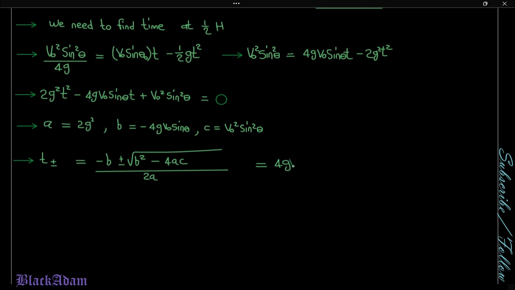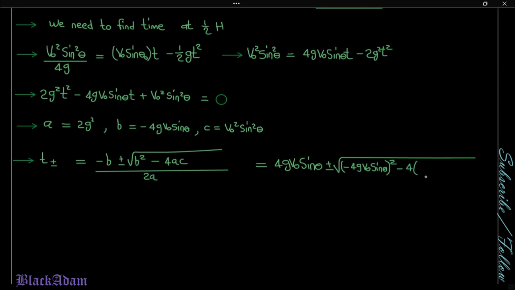Negative b is gonna be positive 4g v initial multiplied by sine theta, and then plus or minus square root of, we have b is negative 4g v initial multiplied by sine theta, all of that squared, minus 4.